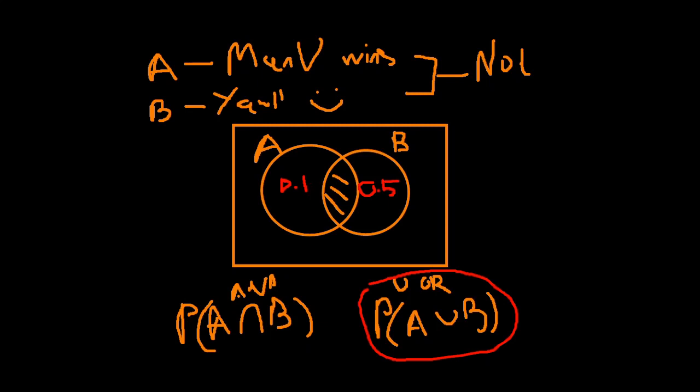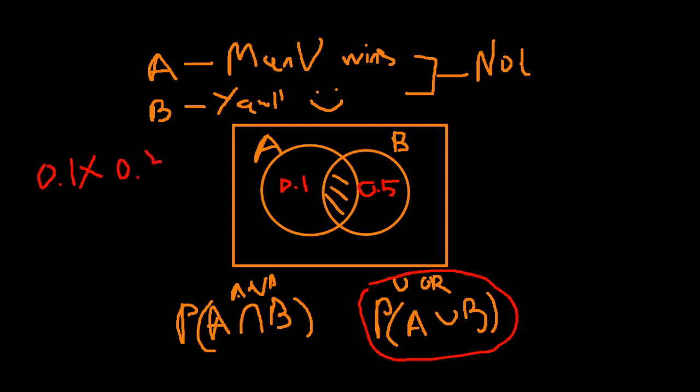Now the probability of Man U winning and you being happy, well, we can use multiplication to get that. You look at the probability of Man U winning, and then within that, what's the probability of you being happy? That's just going to be multiplied by the probability of you being happy.